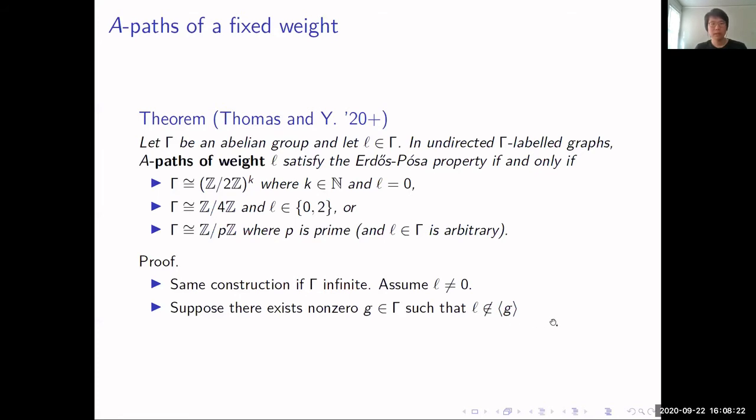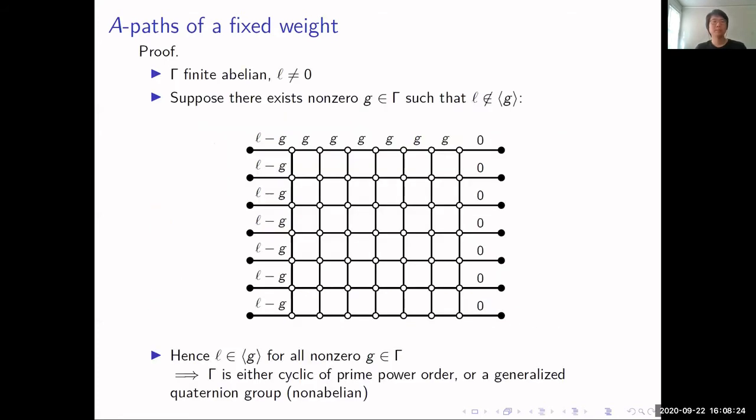Okay, so suppose that such an element exists. Then we can also form this example. Now let's take an A path with both endpoints on the left side.